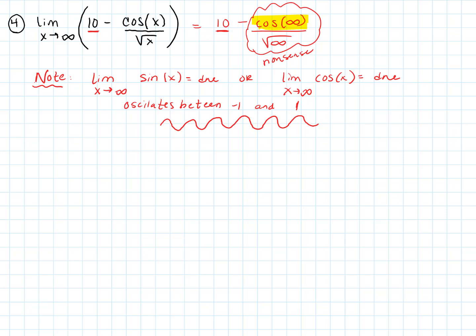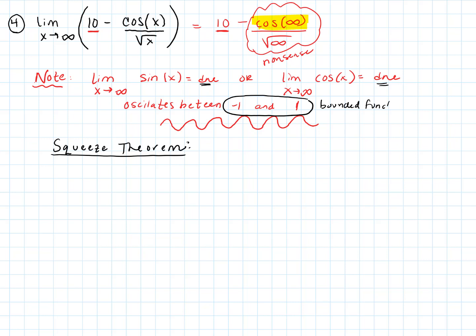That limit doesn't exist, so I have to think of a better way to handle this. What I'm going to do instead is pull out a trusty little theorem from a couple sections back called the Squeeze Theorem, because of what I just said. While these limits don't exist, we do know that the sine and the cosine are bounded functions, and we can utilize our squeeze theorem. Remember, the squeeze theorem says if we can squeeze a function between two other functions that have the same limit as we approach a value.